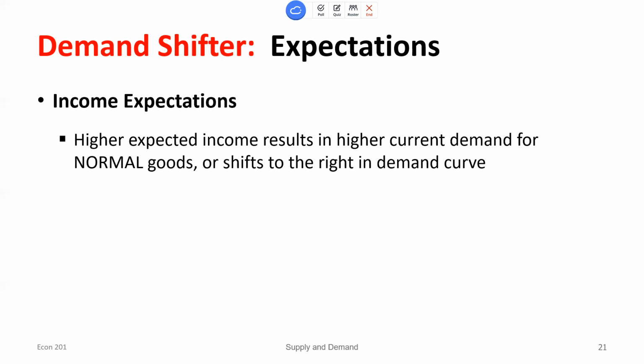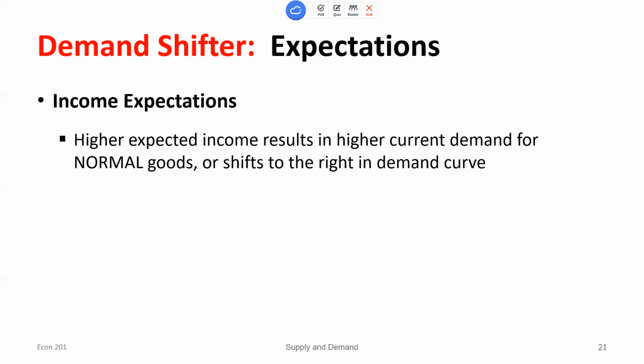Well, if I expect to have more money tomorrow, I might be more likely to buy goods today because I know I'm going to have that money coming in the future. Okay? So it kind of works the exact same direction as the income effects. Whether or not I have more income or I expect to have more income, demand will increase in both cases. All right, and vice versa. If I expect less income in the future, I may be less likely to purchase goods today.